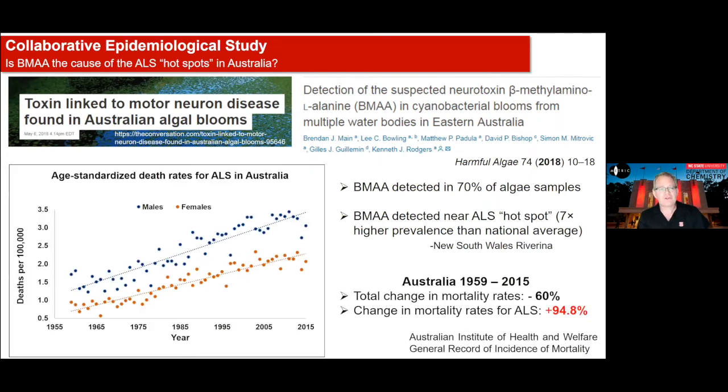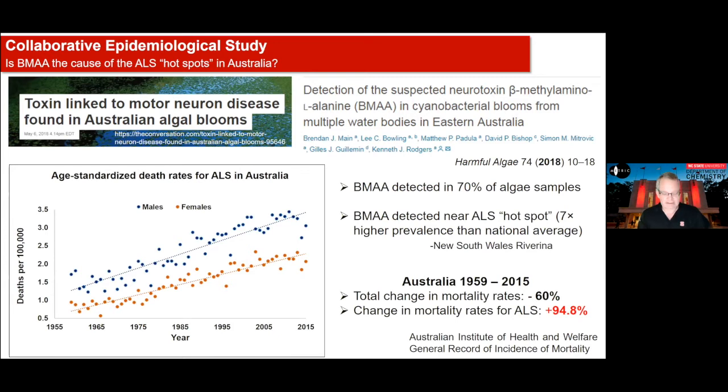And so this is just showing you the deaths per 100,000 people per year, and it's climbing since the late 1950s in males and females. And that's not genetic drift. But BMAA has been detected, again with a non-specific method, near these ALS hotspots. And so it's higher than the national average prevalence.